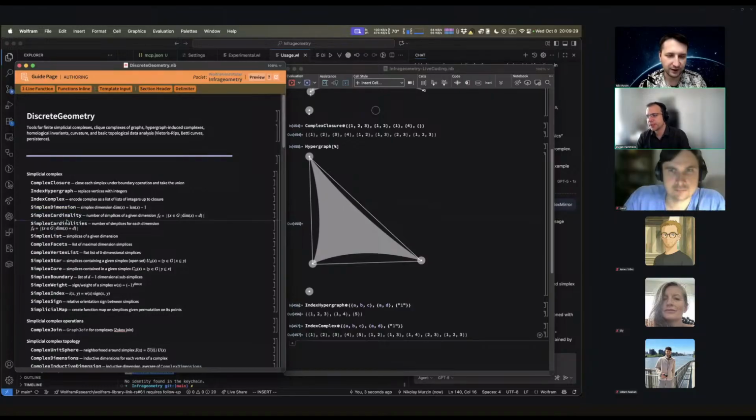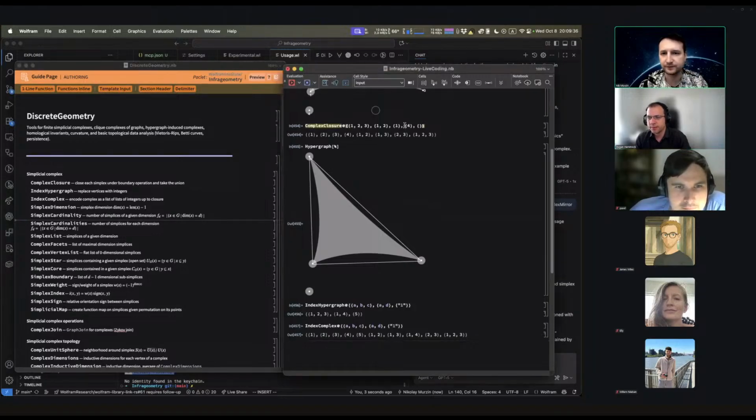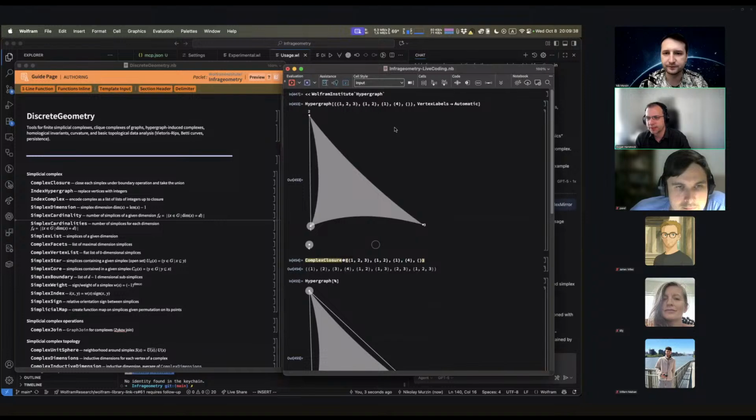Yeah, so one question is, with hypergraphs, you can include the same vertex multiple times within a single edge. Does that make sense for complexes? Yeah, for a hypergraph, you have the idea of degenerate edges and also degenerate vertices.